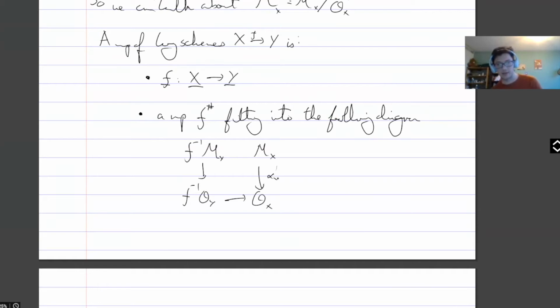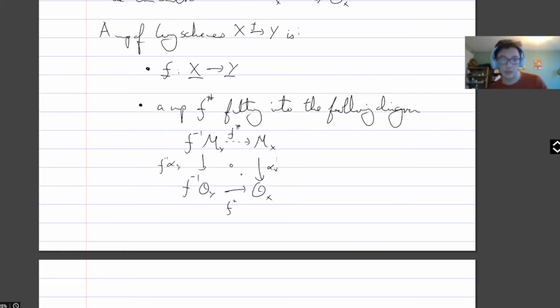And here is alpha x, here is f inverse of alpha y. This map here is the pullback map on functions, and you ask that you have f upper sharp fitting into here, such that this is a commutative square of sheaves on X.